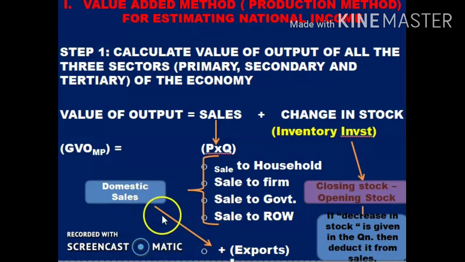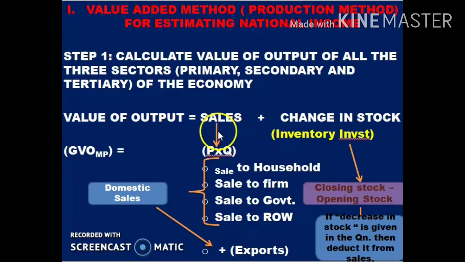Then domestic sale plus other, this is if it is not given separately, like four terms: sale to household, sale to firm, sale to government, sale to rest of the world. It may be given as domestic sale. So you have to add domestic sale plus export, then you will be getting sales. Another thing you have to see here is that it's domestic sale plus export.